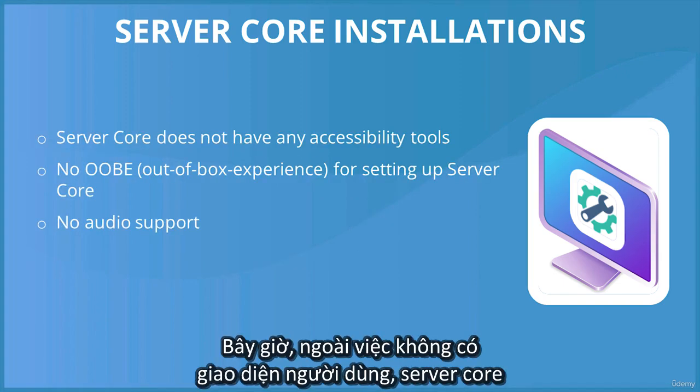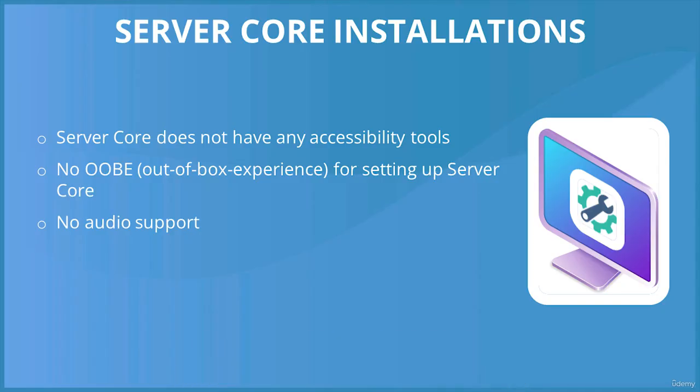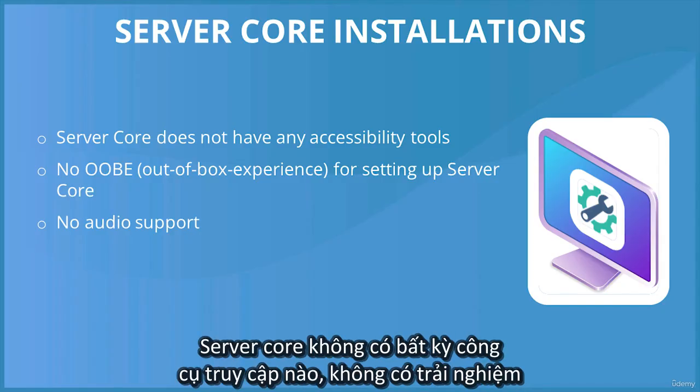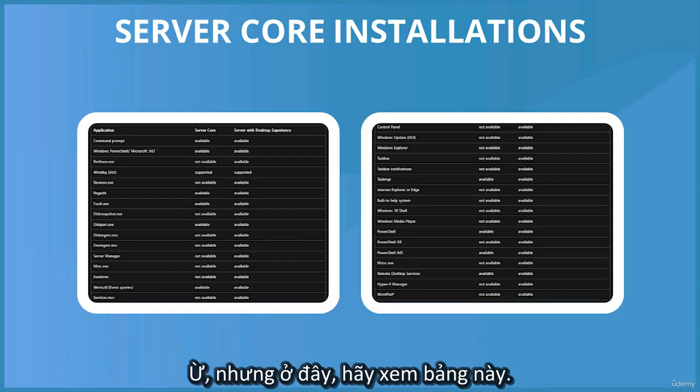Now, in addition to no UI, Server Core also differs from the server with a desktop experience in these ways. Server Core does not have any accessibility tools, no out-of-the-box experience, or OOBE, for setting up Server Core, and no audio support.